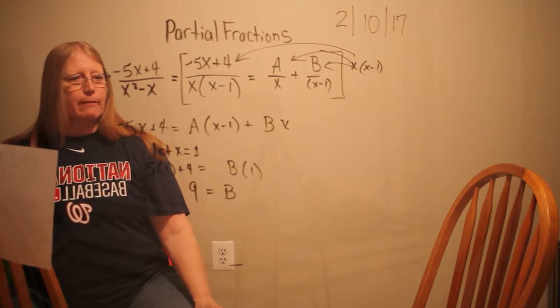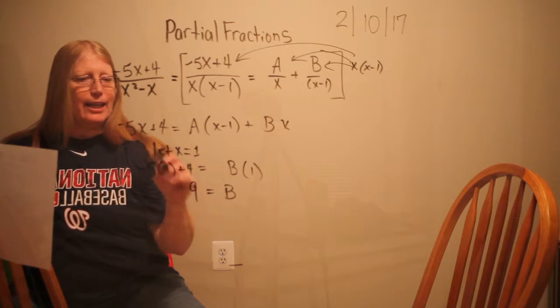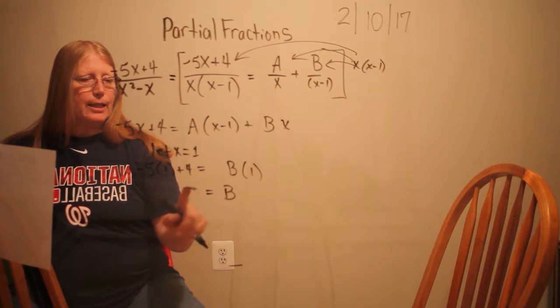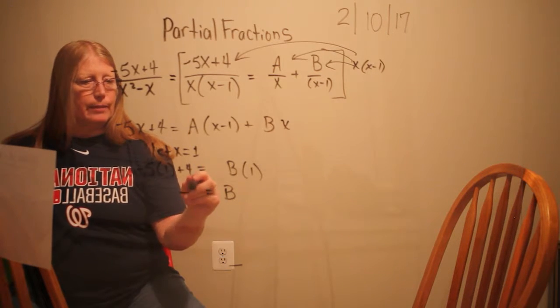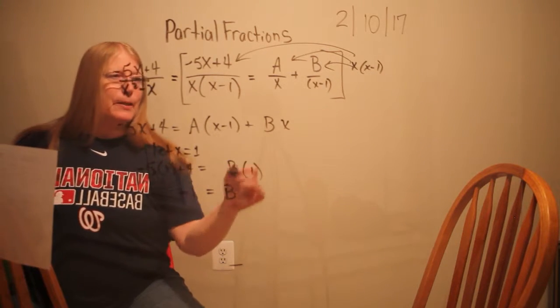What did I do here? I said let x equal 1. Oh, sorry, this is a negative 5. Negative 5 plus 4 gives me a negative 1. All right, put your two hands down. I see it. So B equals negative 1.